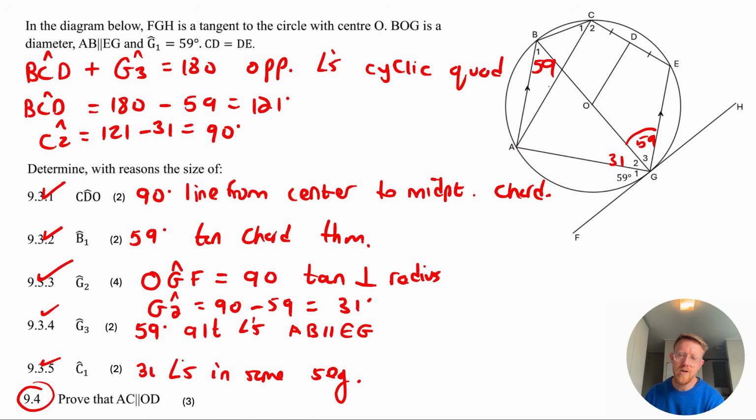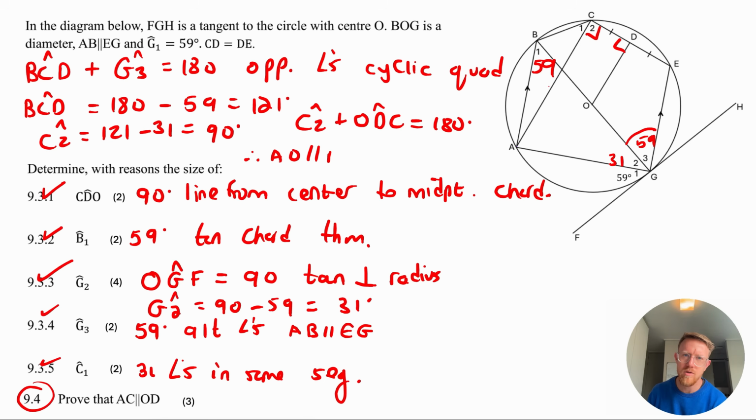So if you take angle C2 and add it with angle ODC, we end up with 180, because it's this one which is 90 and this one which is 90. Therefore, those two lines must be parallel. So AC must be parallel to OD, and that is because the co-interior angles are supplementary. Supplementary means that they add up to 180.